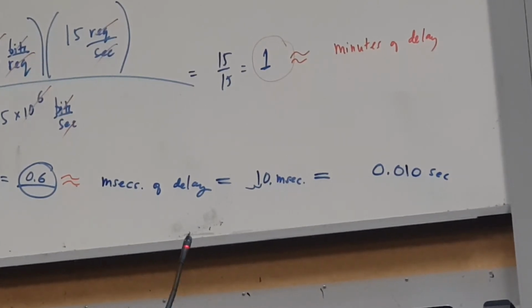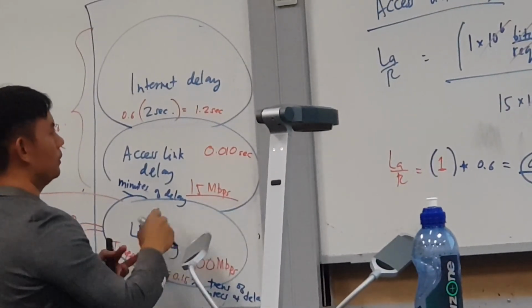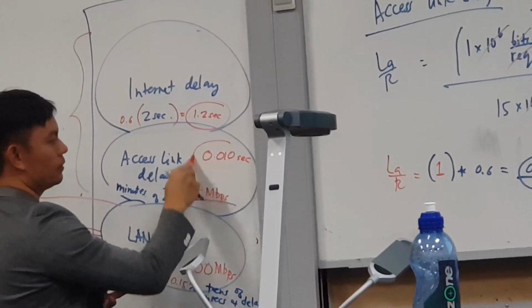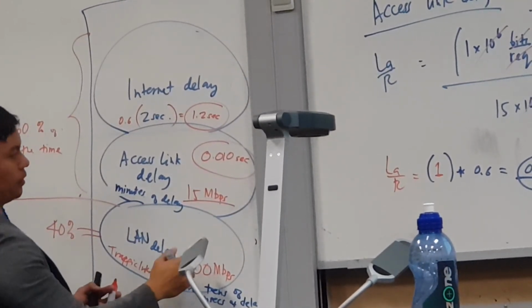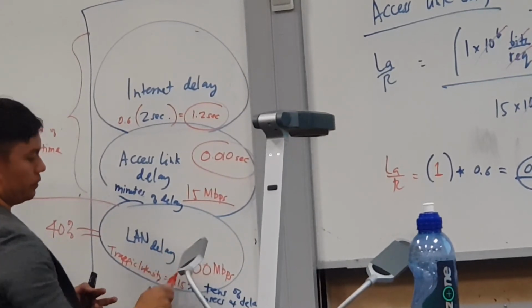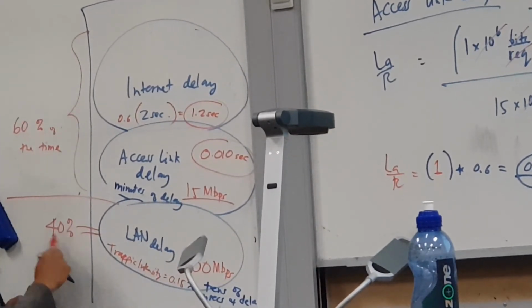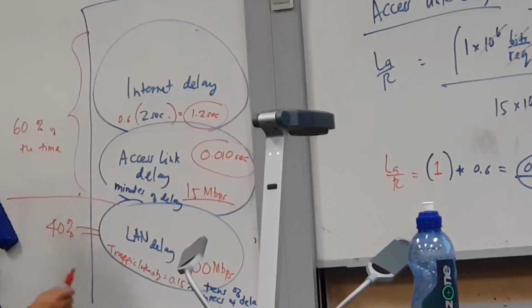So this will incur 0.01 seconds. This will incur 1.2 seconds. And this will incur the same thing, because it's going to be 40% smaller.